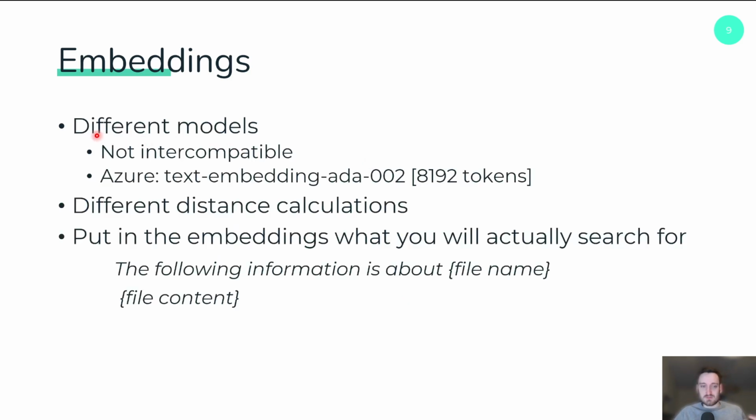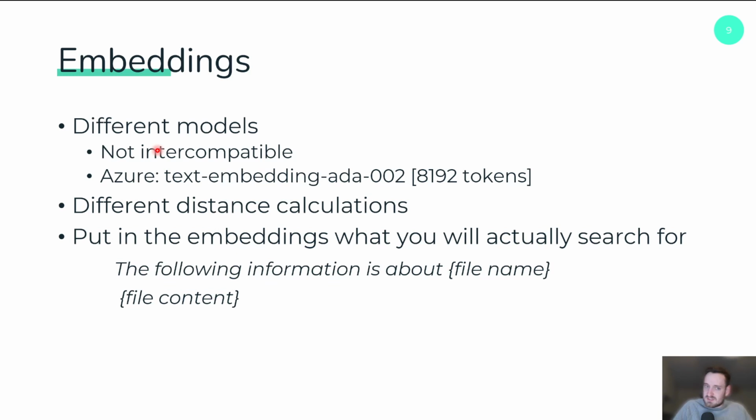What do you need to know about these models? Well, there are different models out there, and it's very important to know that they are not intercompatible, which means if you start using one of them, you cannot change all of a sudden to a different model because it is trained differently. Behind these embeddings models, there are trained models with parameters that are tuned during training.